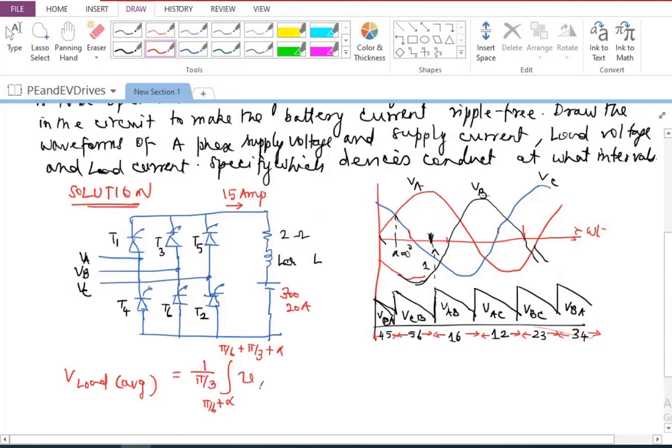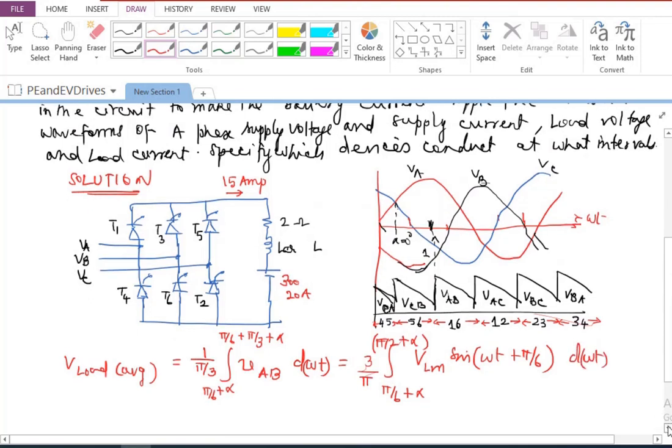We wrote this as VAB d omega t, and VAB we wrote as VLM, whatever is the line voltage peak, sine of omega t plus pi by 6, because compared to VAB it will be leading by 30 degrees. And this is 3 by pi d omega t.